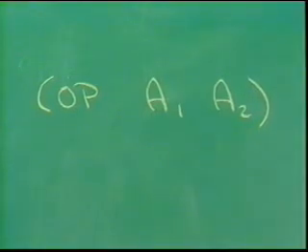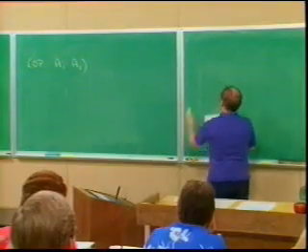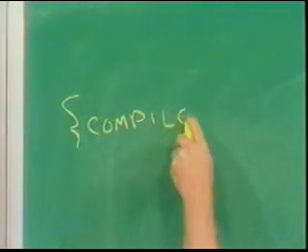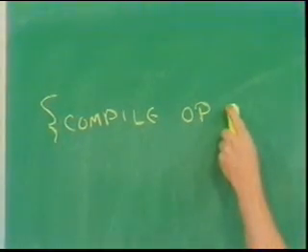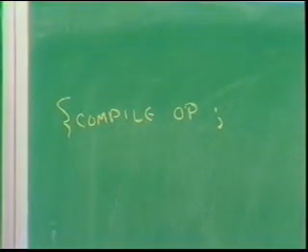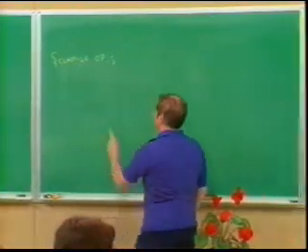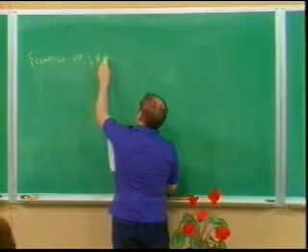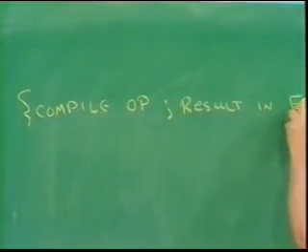Well, first of all, it should recursively go off and compile the operator. So it says, I'll compile the operator, and where I'm going to need that is to be in the function register eventually. So I'll compile some instructions that will compute the operator and end up with the result in the function register.